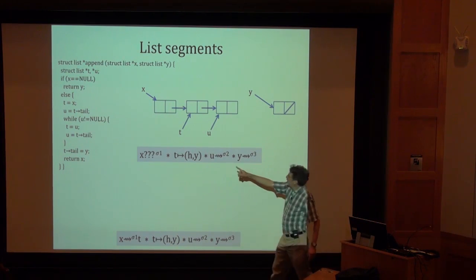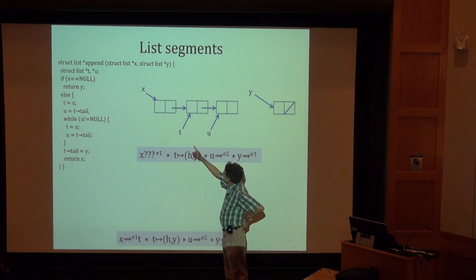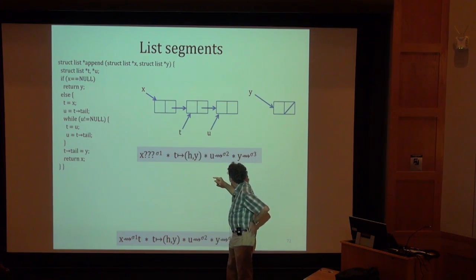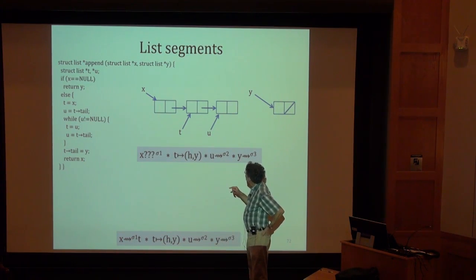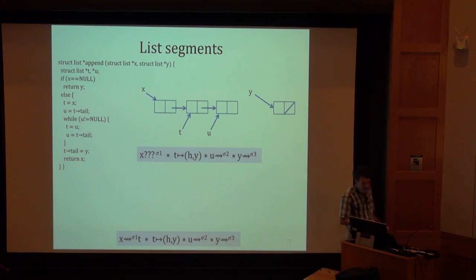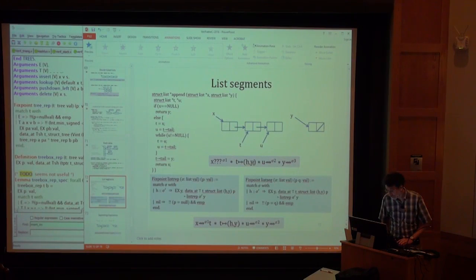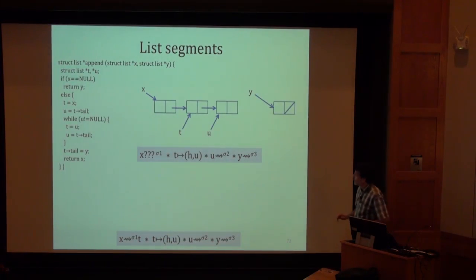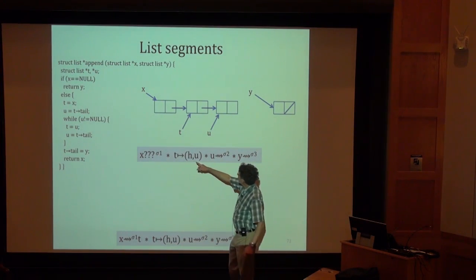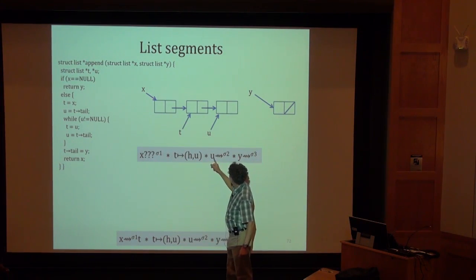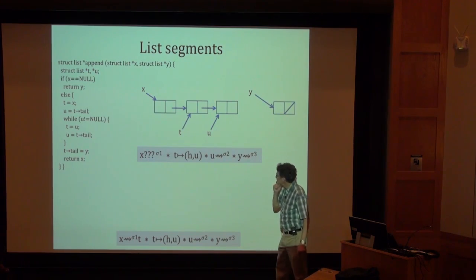And t is a pointer to a single record containing h and y. And u, this should be a y here. Let's just make it u here. All right, so t is a pointer to a record containing h and u is a linked list representing sigma 2.